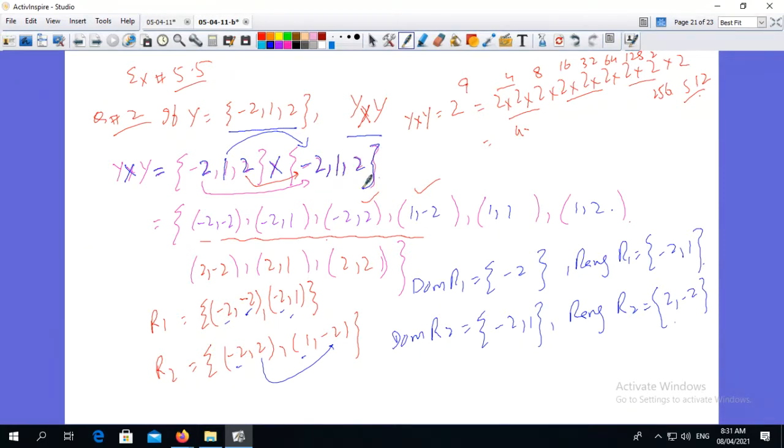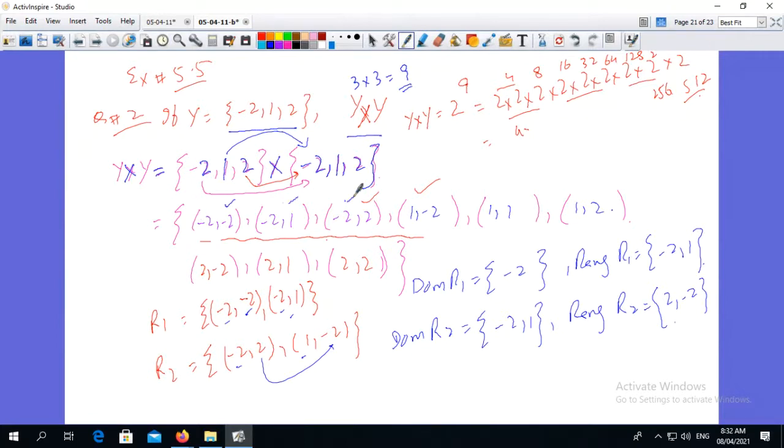We make ordered pairs. How many ordered pairs are there? In Y there are 3 elements, and again in Y there are 3 elements. So 9 ordered pairs are there. So we write 9 ordered pairs here.